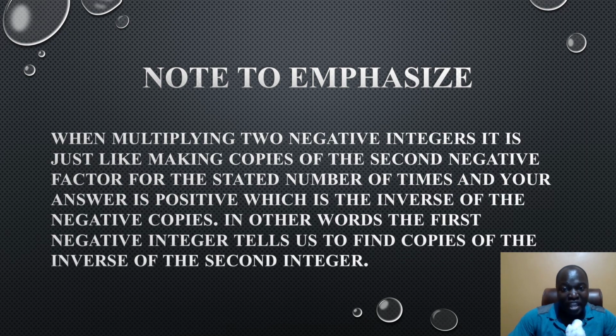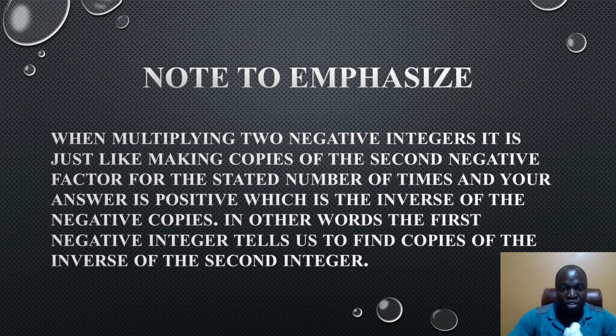When multiplying two negative integers, it is just like making copies of the second negative factor for the stated number of times, and your answer is positive, which is the inverse of the negative copies. So in other words, the first negative integer tells us to find copies of the inverse of the second integer, right? And we have to hold that in thought.